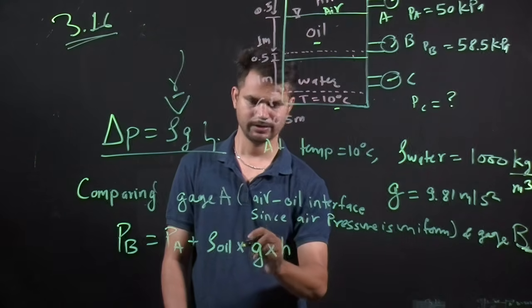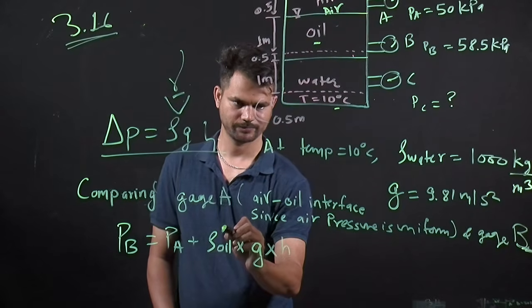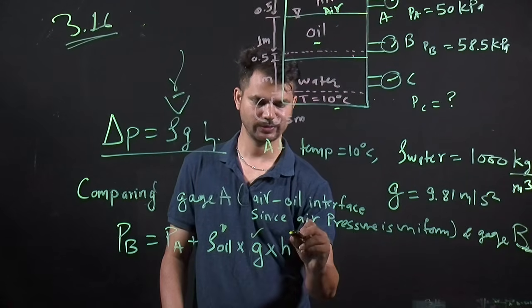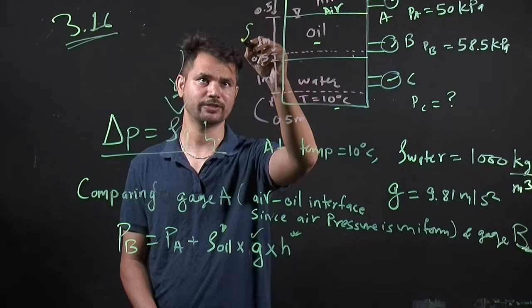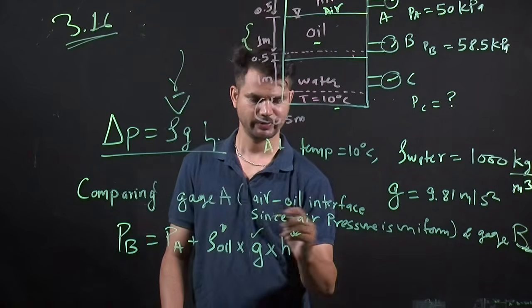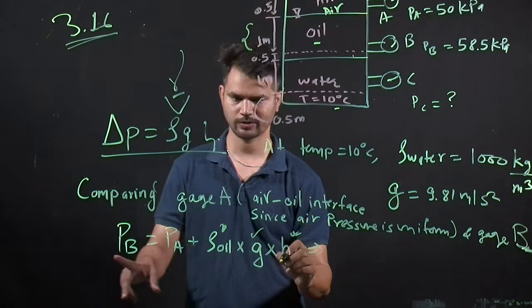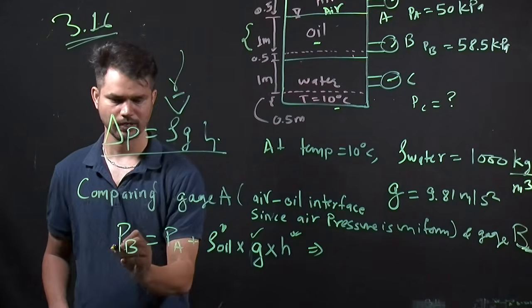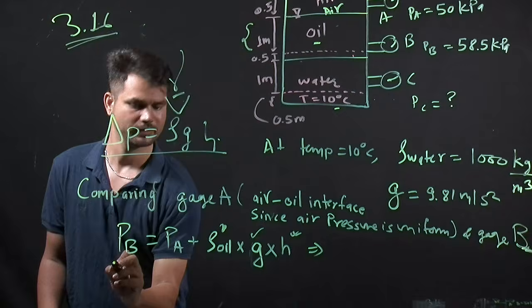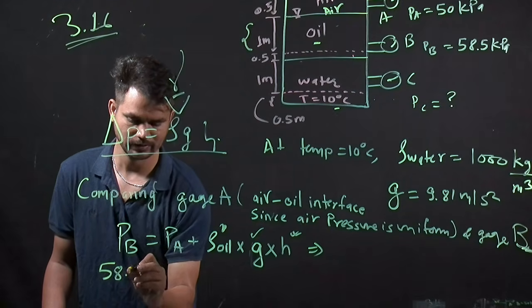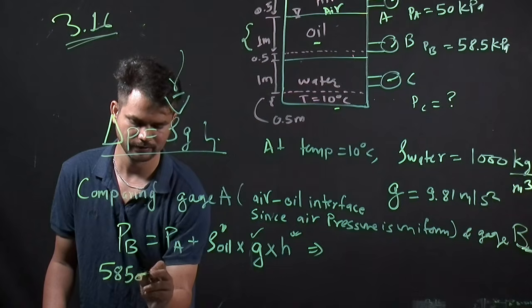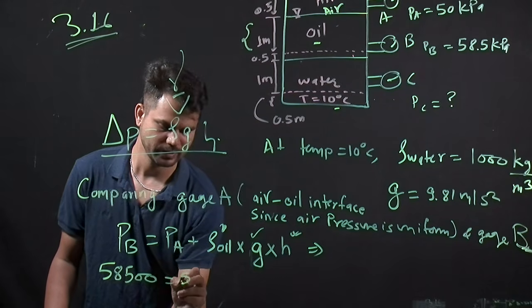What we don't know is just this. We know this, we know H is equal to 1 meter. So we will put that in the equation. So our PB is equal to 58.5, so let us convert that into Pascal, and 50,000.